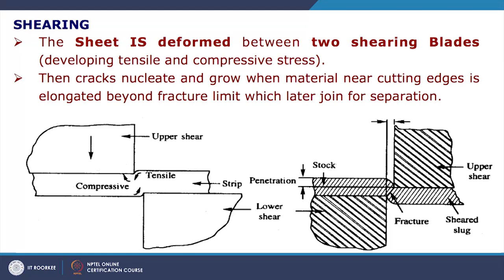As I have already said, in shearing we use a die and punch. There is an upper blade and a lower blade. When the punch moves down, strain is generated in the sheet metal, and when it crosses a limit, cracks nucleate on both sides, and their propagation leads to shearing and separation of the material.